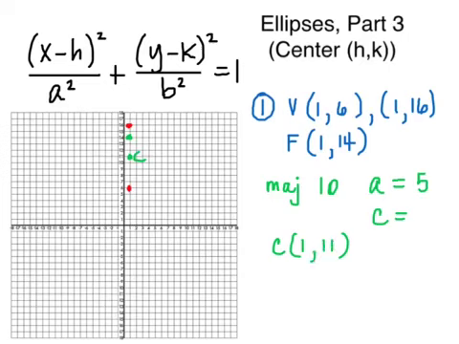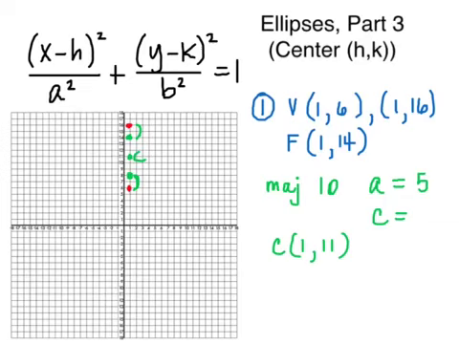Then our other focus has to be, if you notice, the distance between the vertex and the focus is 2 units, so you can come up 2 units in the other direction to get the other focus, so that's also 2 units. And that will put it the same distance from the center, 3 units each way from the center.